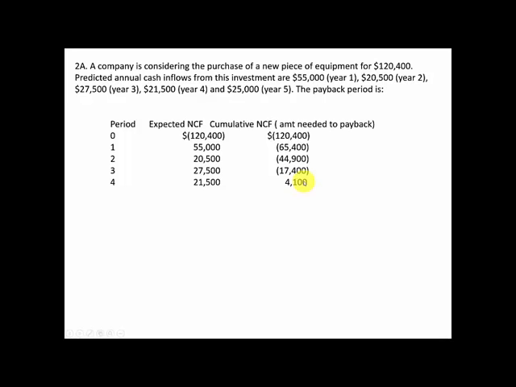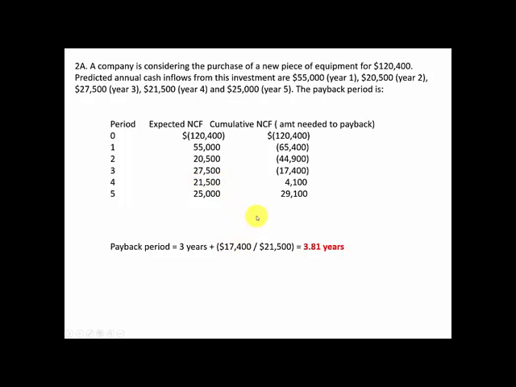So to find out exactly what that would be, we would do this. After 3 full years, we were only $17,400 away from our goal, and somewhere in year 4 we got back $21,500.